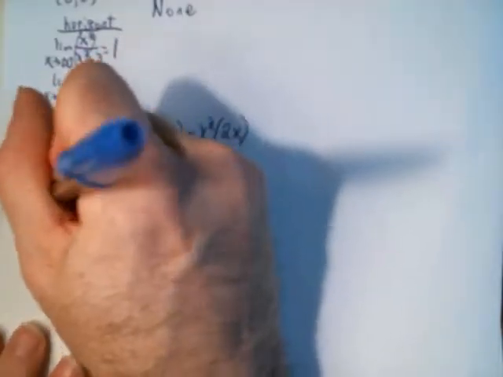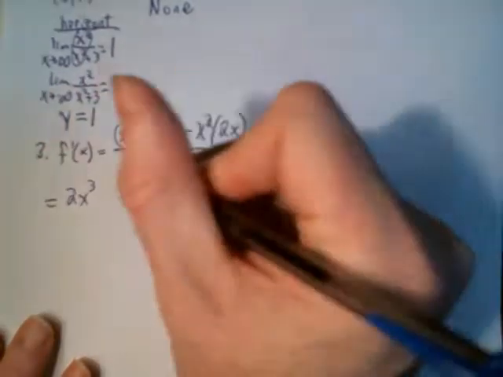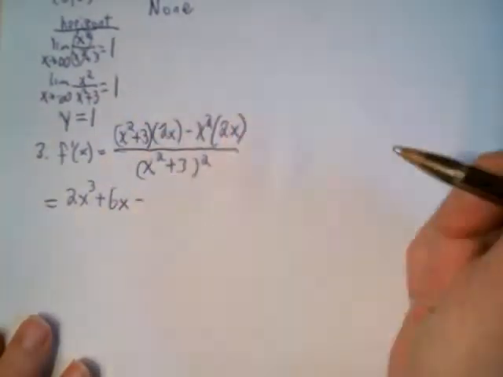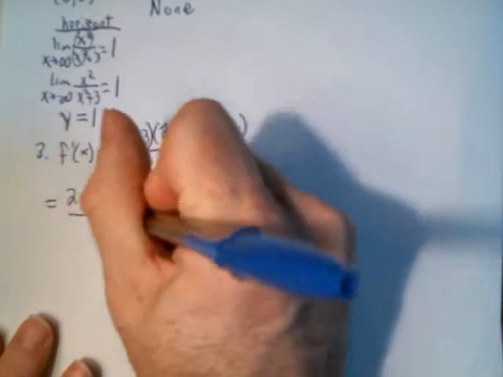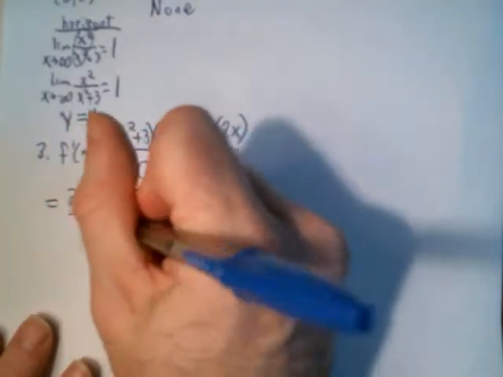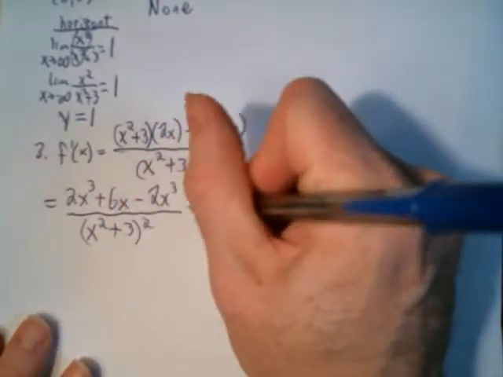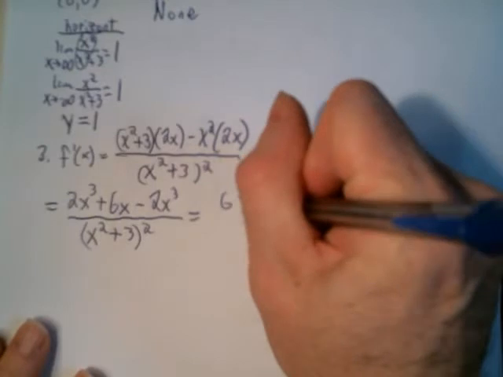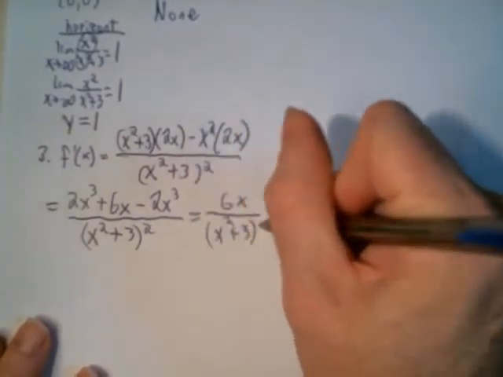Simplify this material, so I get 2x cubed plus 6x minus 2x cubed. Okay, so it looks like the derivative is going to work out kind of nice for us, all over x squared plus 3 squared. 2x cubed minus 2x cubed is 0, so I get 6x all over x squared plus 3 squared.